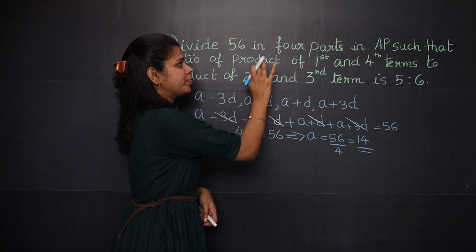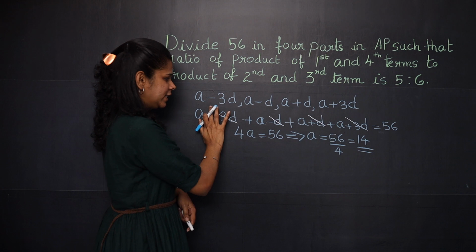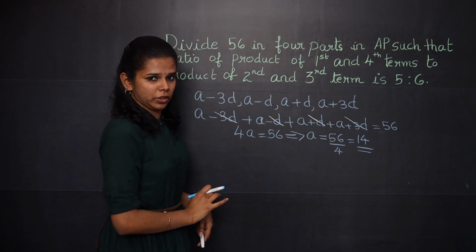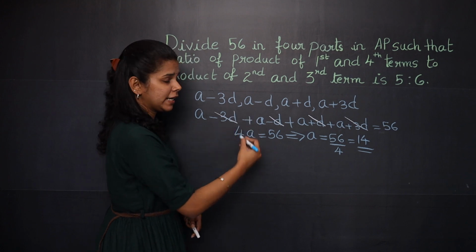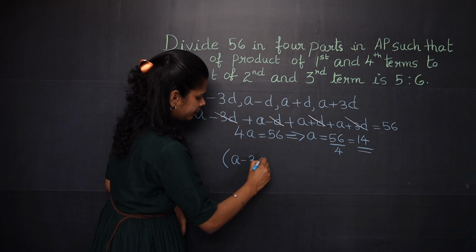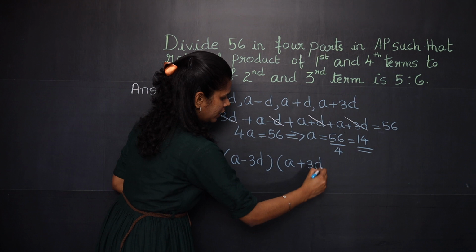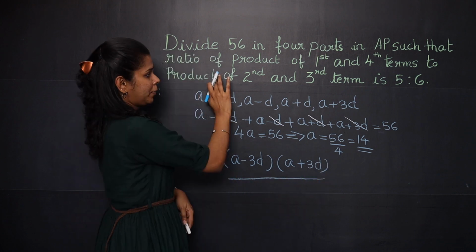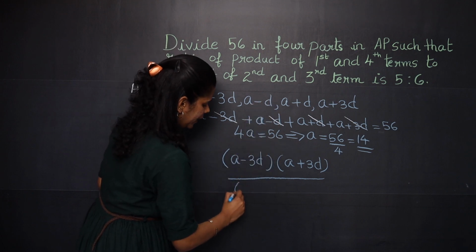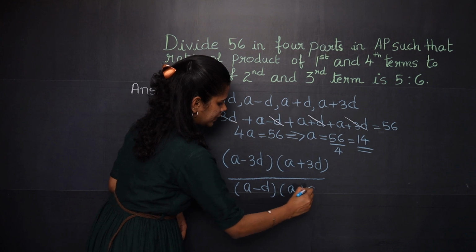The ratio of product of first and fourth terms. So here the first term is a minus 3d and the fourth term is a plus 3d. So here we are going to take it as a ratio. So the numerator is (a - 3d) into (a + 3d) divided by the product of second and third term, that is (a - d) into (a + d).